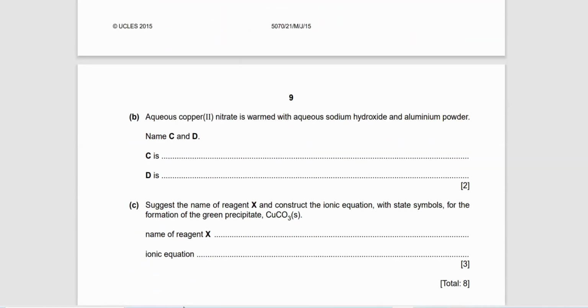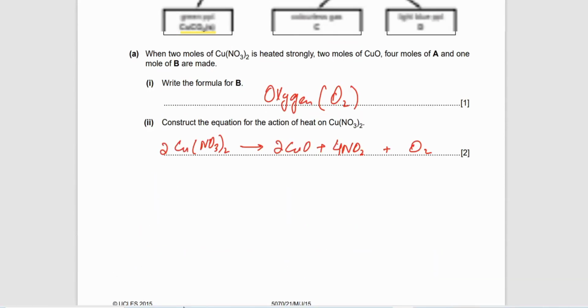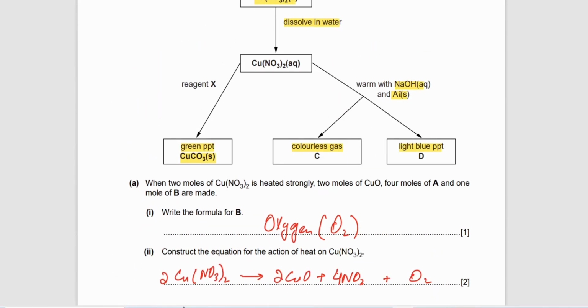An aqueous copper nitrate is heated with aqueous sodium hydroxide and aluminum powder. Name the gases C and D. Okay, let me write over here. We have copper nitrate. It is allowed to react with the sodium hydroxide, NaOH. So copper hydroxide will be formed.